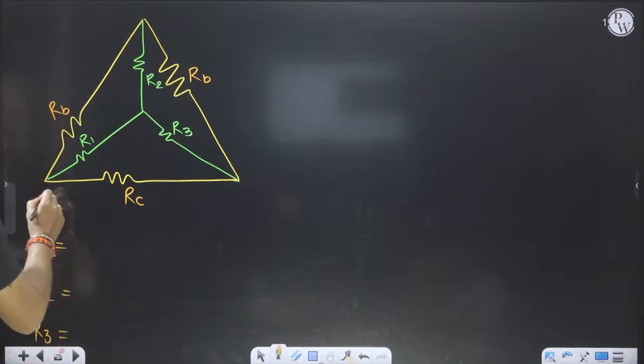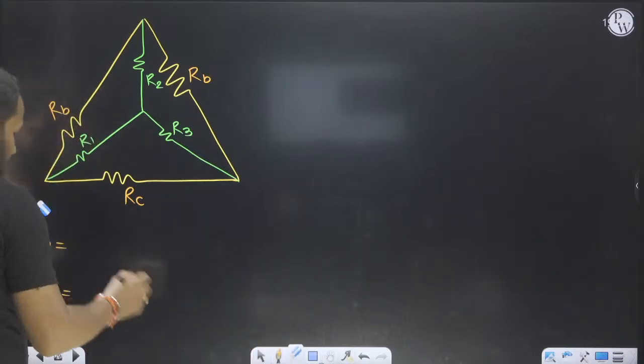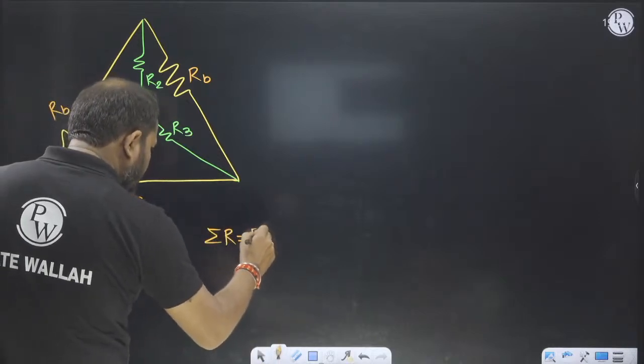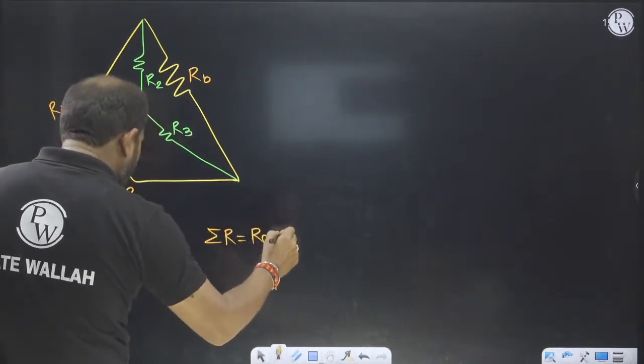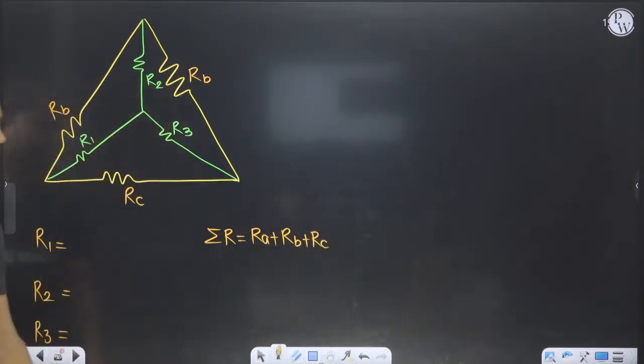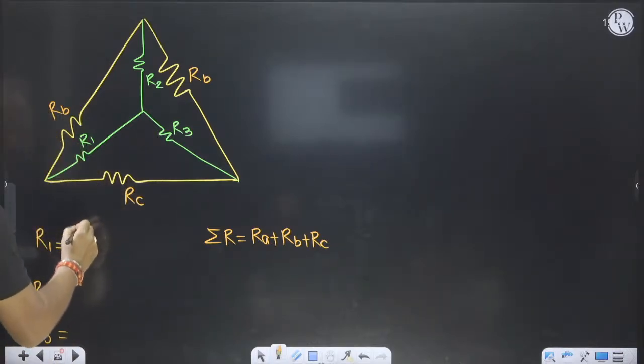Here, summation of R I will use. That means RA plus RB plus RC. So in place of R1, RB RC are nearer.